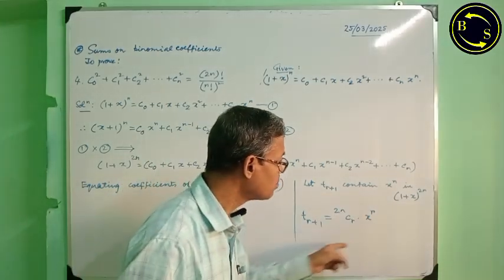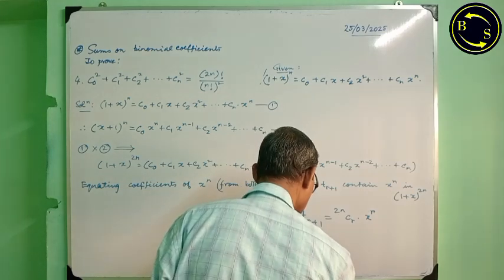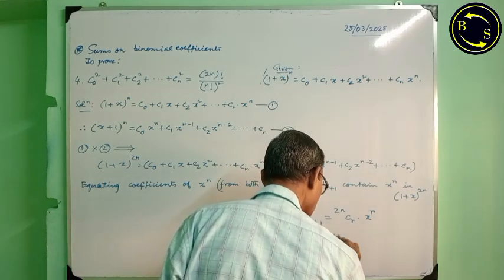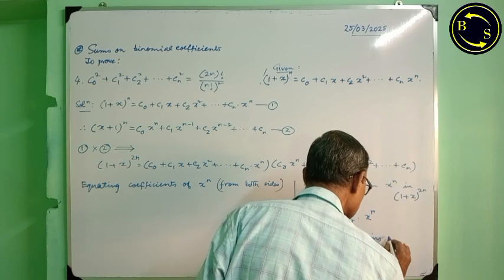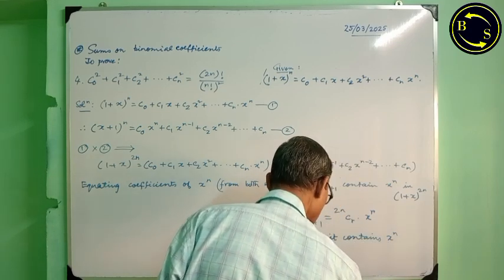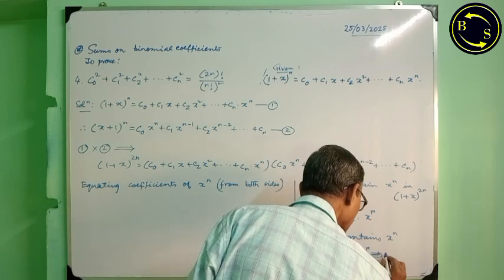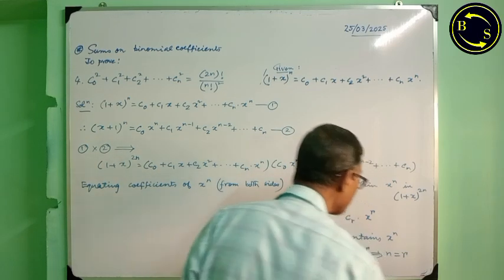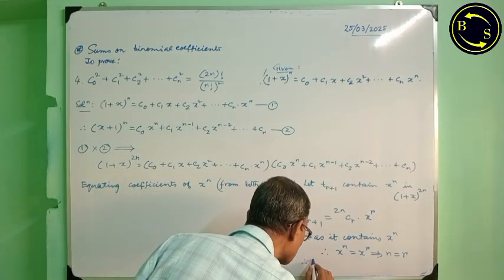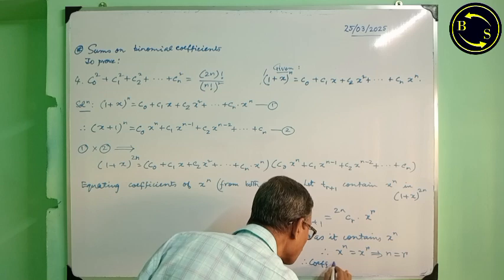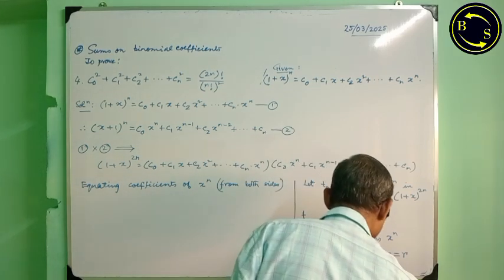Now, this term contains x to the power n, therefore x to the power n equal to x to the power r. Therefore, the coefficient of x to the power n is equal to 2n Cn.